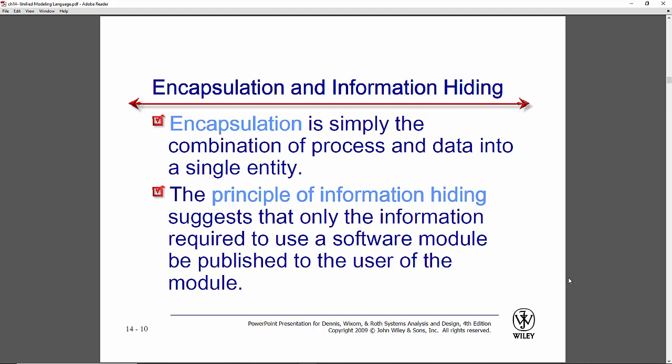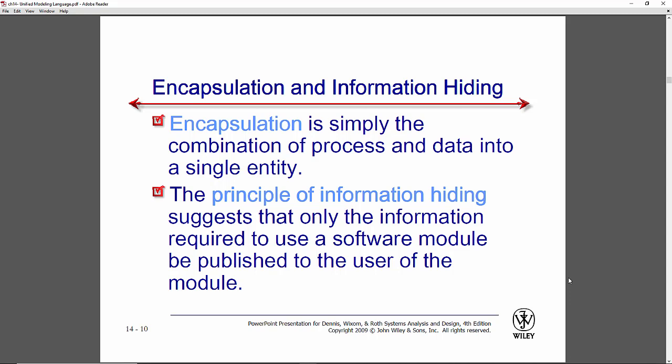Okay, information hiding is a more abstract, esoteric notion. All information hiding means is that each object, each class, you can think of as a black box. It's got the information you need and it's got the behaviors you need, but you don't really need to understand what they are.